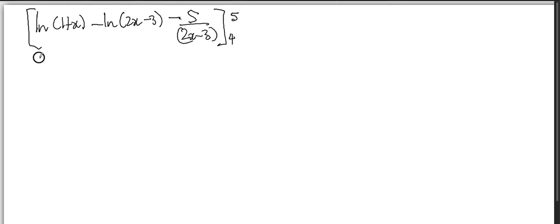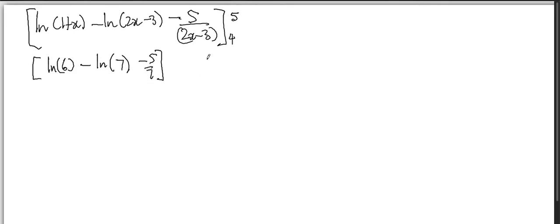Now let's sub inside. So you will have ln of 5 plus 1, which is 6, minus ln of 10 minus 3, 7, and then minus 5 over 7.